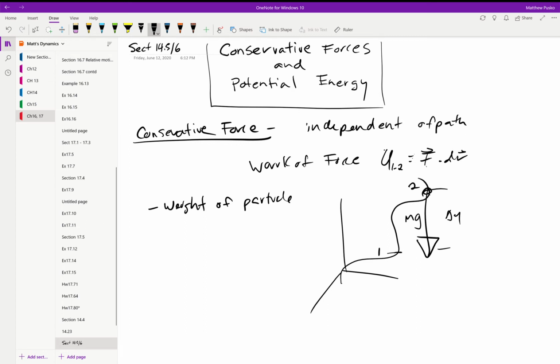And I'm going to show you another way to prove that too, with what's called the del operator. Another example would be a spring force, or the work done by a spring force.